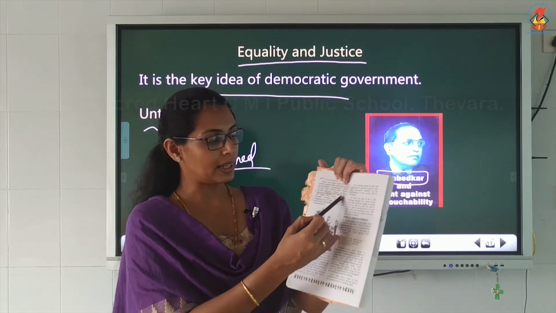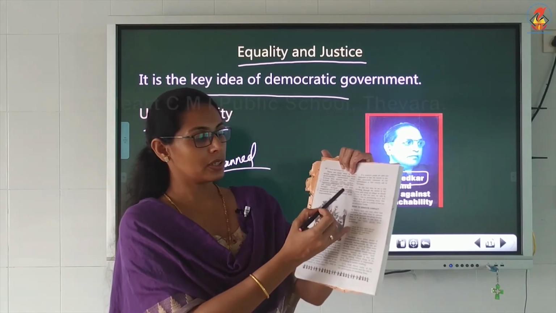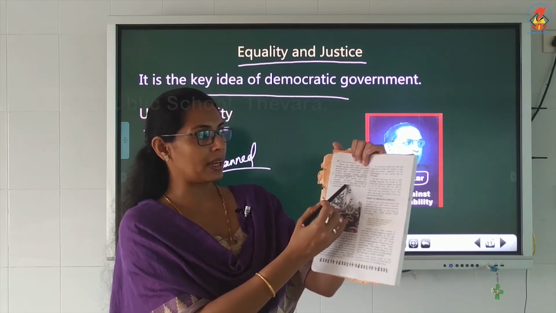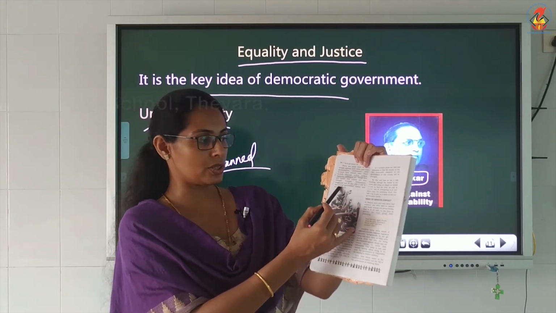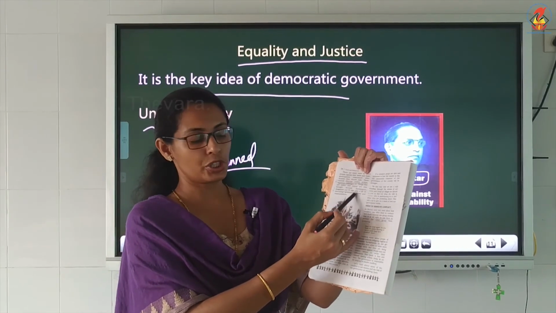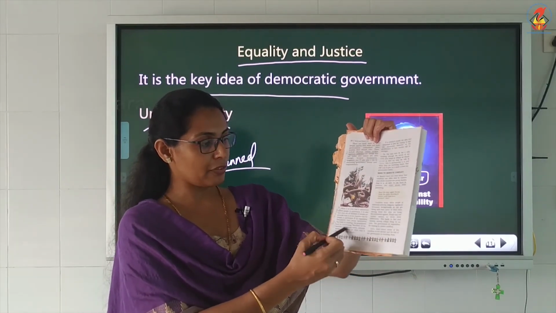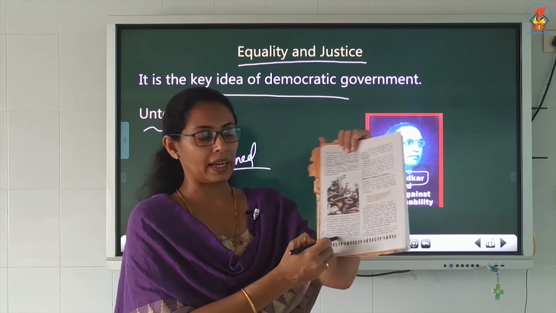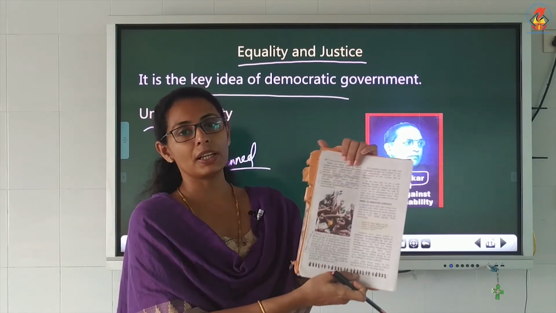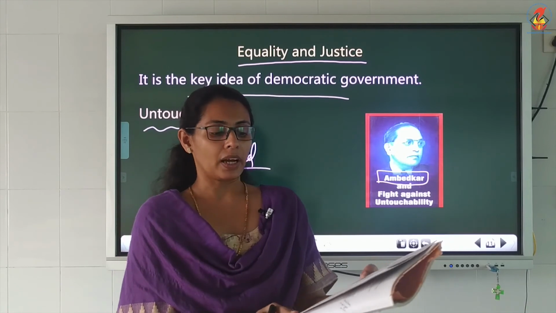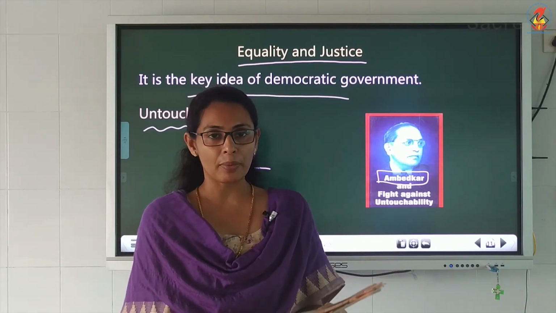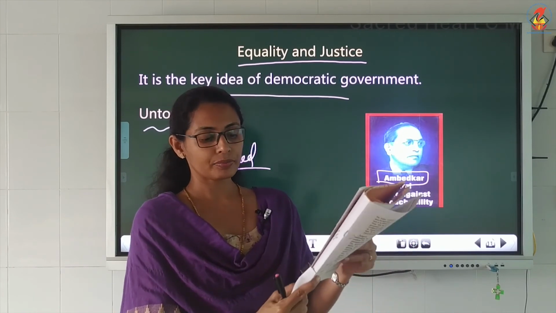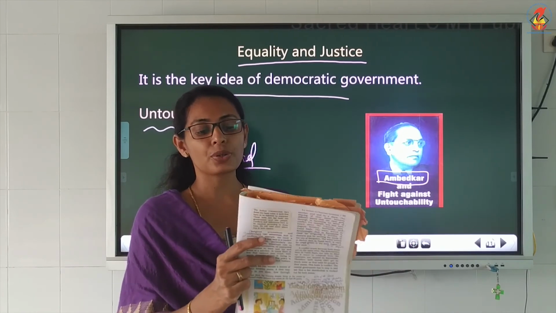Then also underline newspaper in the seventh and eighth lines: newspaper, magazine, TV also play an important role in discussing government issues. Then in this paragraph, from the third line onwards, keep in brackets: another way for people to participate is by organizing themselves into social movements, up to the last line of the paragraph. Now, resolving conflict.